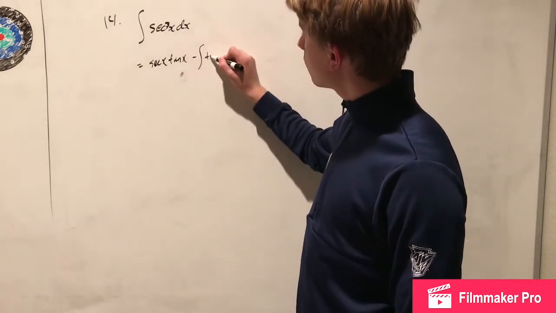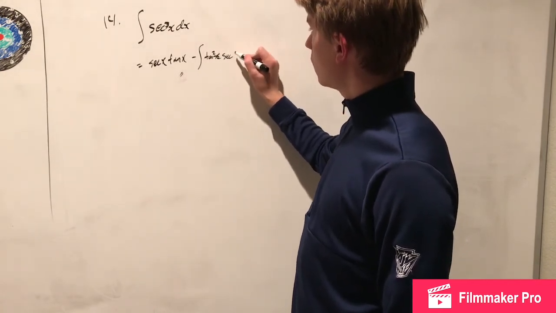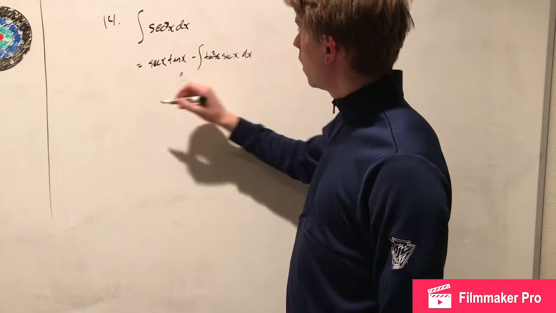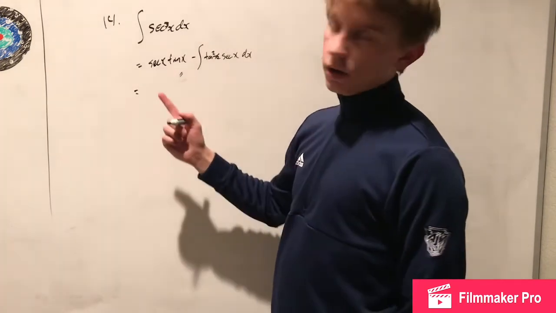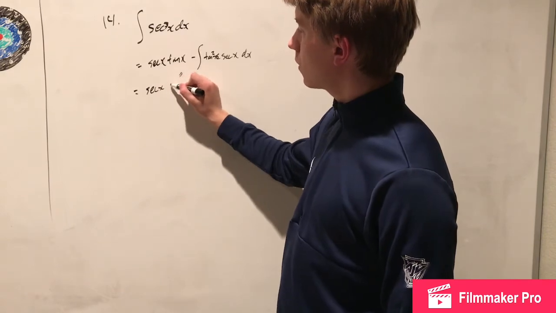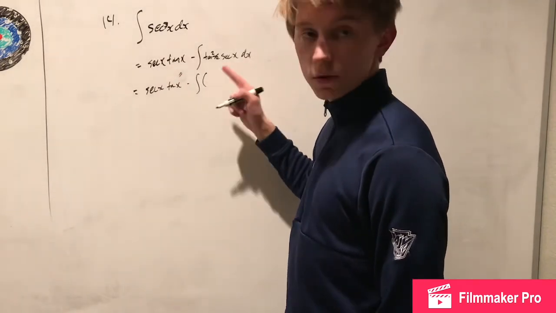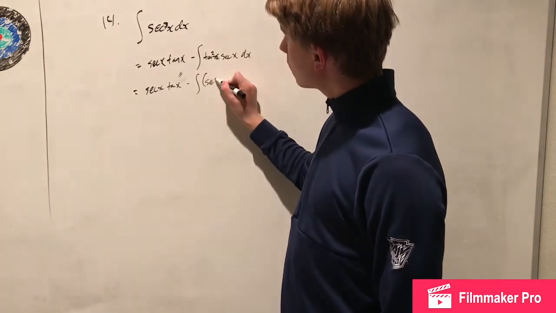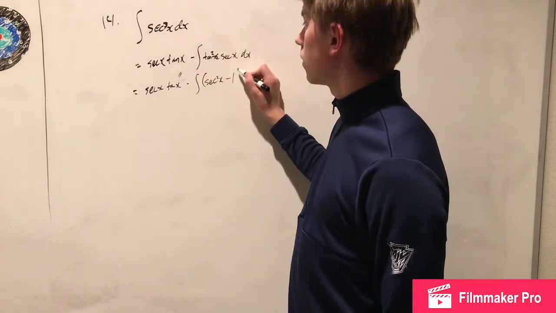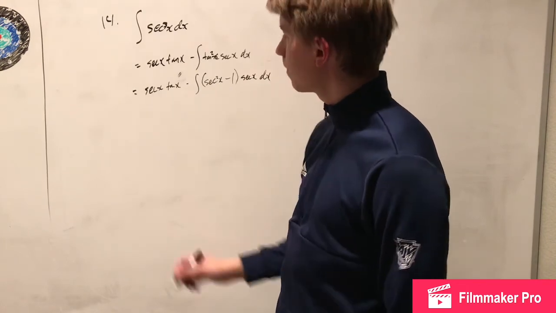We end up with tan squared x secant x dx. Now we can use our trig identity and rewrite this as secant x tan x minus the integral of secant squared x minus 1 times secant x dx.